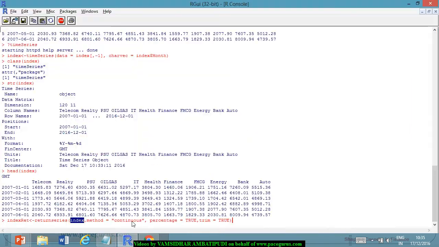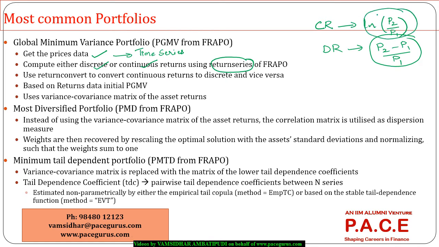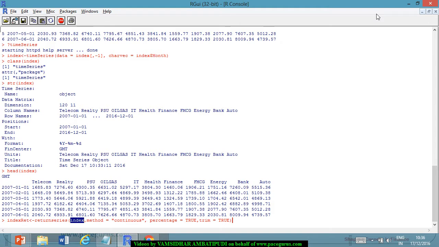We all know if I want to find out continuous returns, the formula that is typically considered is log of P2 by P1. Whereas if I want discrete returns based on two prices, it is (P2 minus P1) by P1. So this is the way in which the discrete return would be computed, and this is the way in which the continuous returns would be computed.